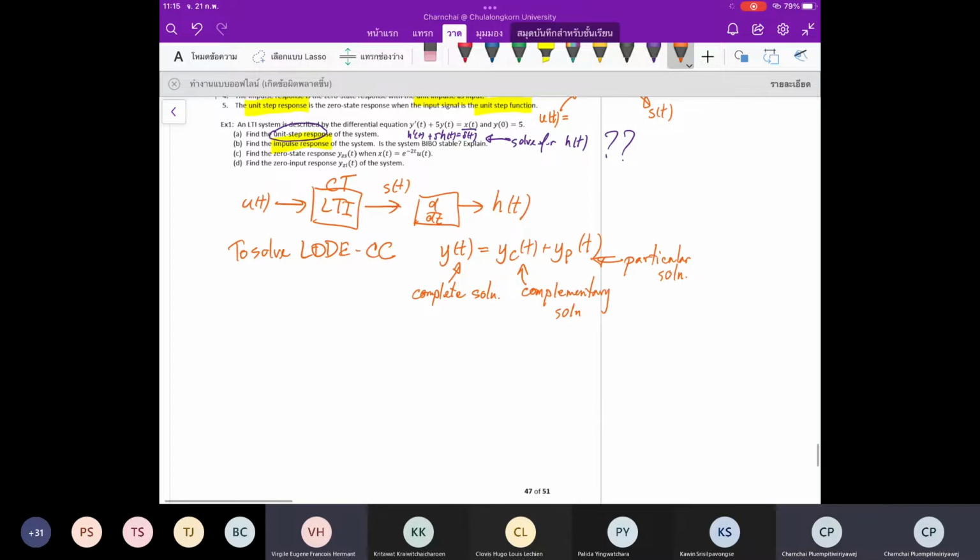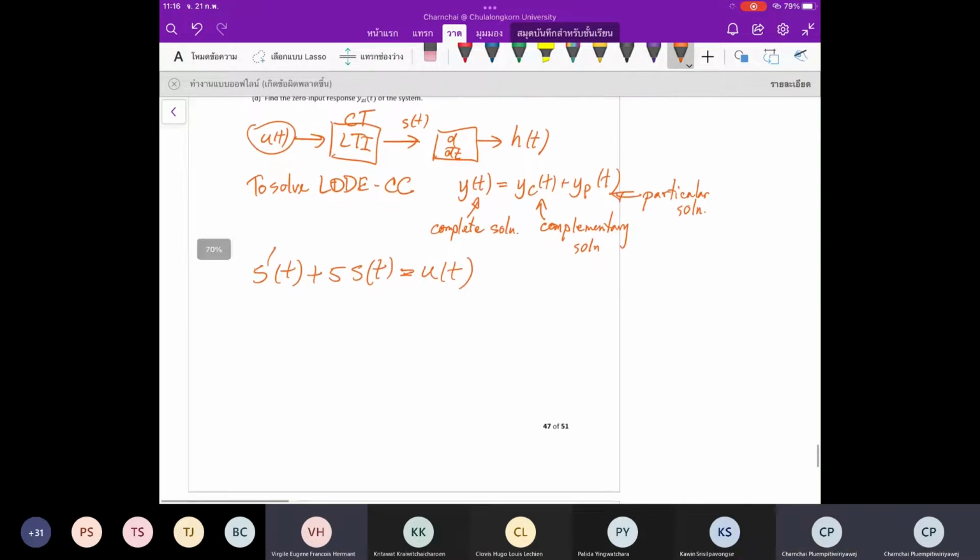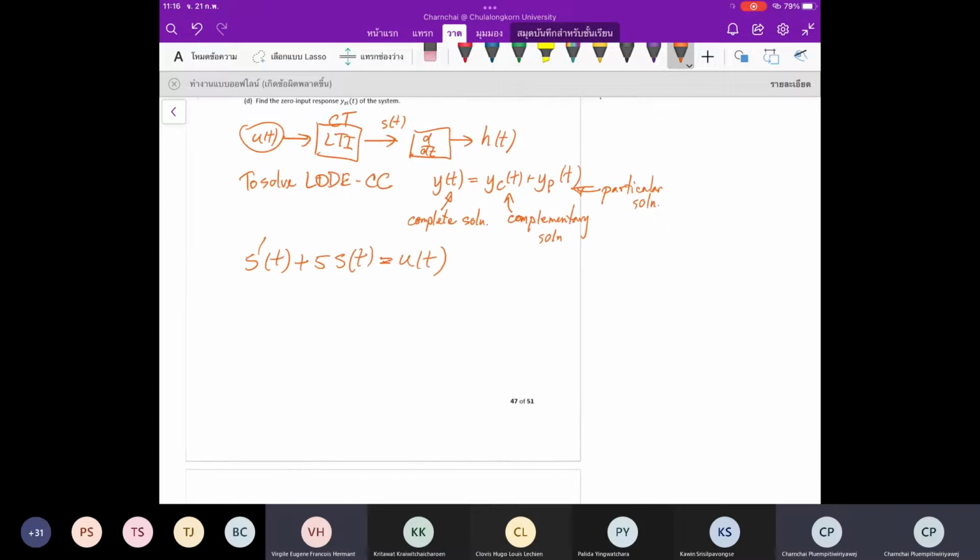So this is what we have, and we want to feed in the unit step function. So we have s'(t) plus 5 s(t) equals u(t). This is what we have to solve for. I use a different s to distinguish it from the 5, so I don't confuse the s and the 5.